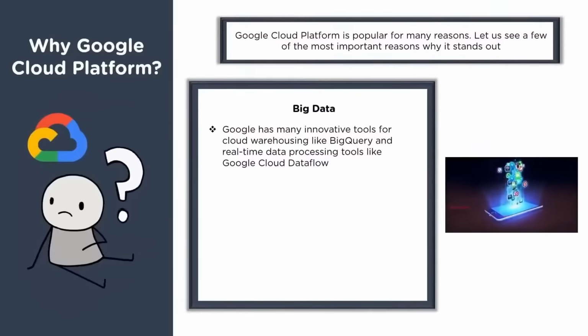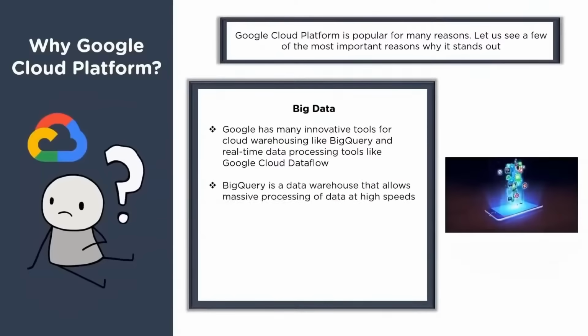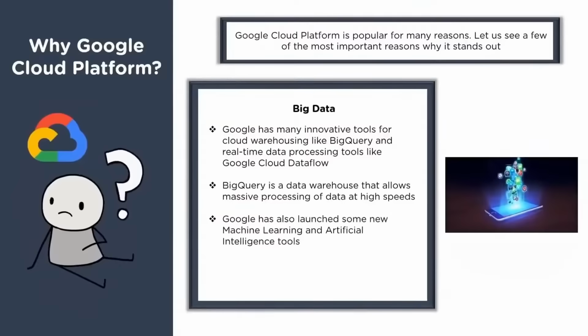So if an organization is working on big data, Google Cloud can be a better choice because Google has many innovative tools for cloud warehousing, for example, BigQuery, and even real-time data processing tools such as Dataflow. BigQuery is a data warehouse that allows massive processing of data at high speeds, basically working on your structured data. Google has also launched some new machine learning and artificial intelligence tools.